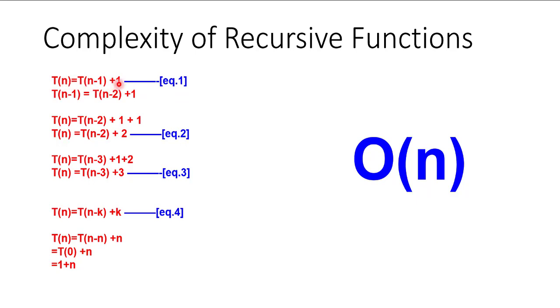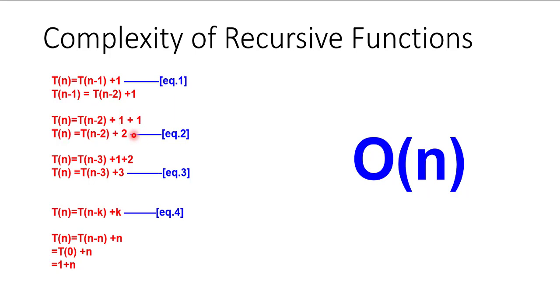Now we can also solve this if we know t of n minus 1. What if we need to find t of n minus 1? We will replace n with n minus 1, and it will become t of n minus 2 plus 1.